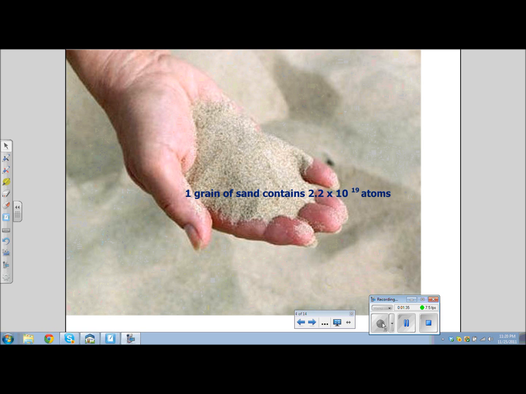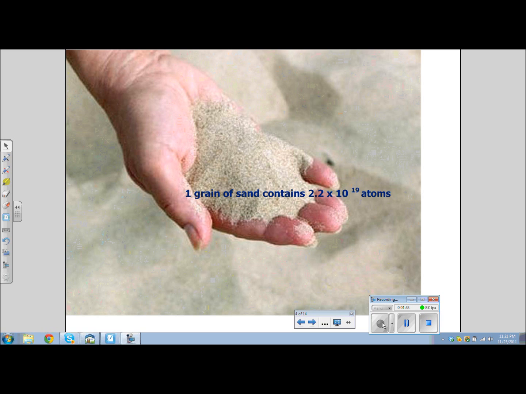of sand. One grain of sand contains 2.2 times 10 to the 19 atoms. That's pretty unbelievable. One grain. I'm not talking about one handful of sand.